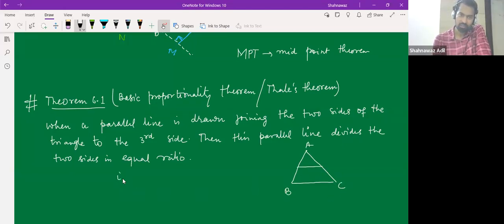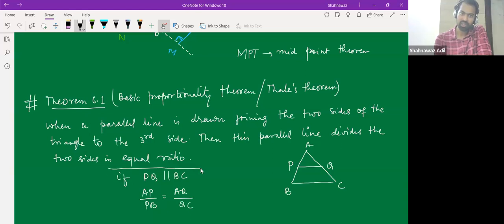If PQ is parallel to BC, then AP by PB is equal to AQ by QC. So how many words did I use? We can reduce the statement to only these points.